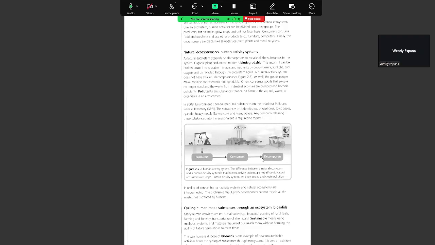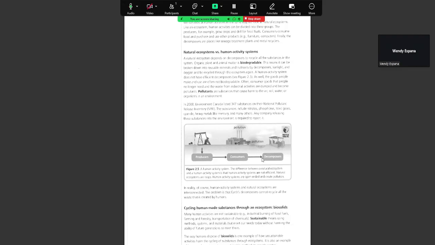Remember we talked about setting up some decomposers ourselves in our yards, having the bins so that we can put our potato peels, apple cores, coffee grounds, and they can all be broken down into nice, rich soil that can then be put back into your garden or your lawn or whatever you want to use it for. So if we have things that don't get put into those, then that is part of a human activity system and it needs to be dealt with.